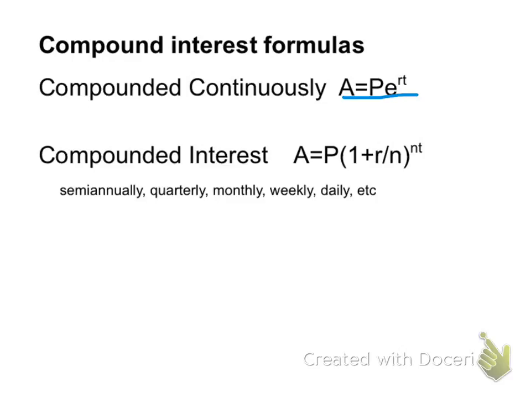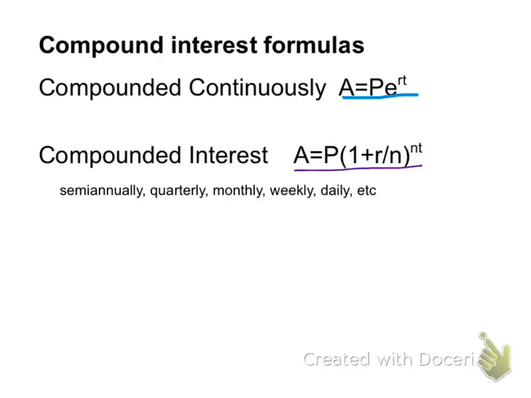Compound interest that varies, whether it's semi-annually, quarterly, monthly, weekly, daily, etc., changes how often that rate gets applied to that principal. So that is why we have a different formula, this one right here, where P again represents your principal, your starting amount, R is your rate, and N is the number of times that rate gets applied.